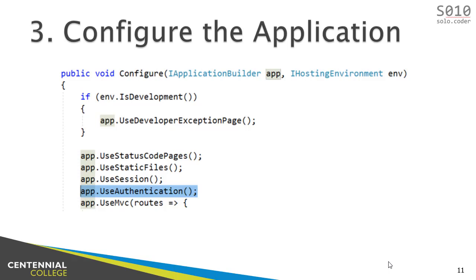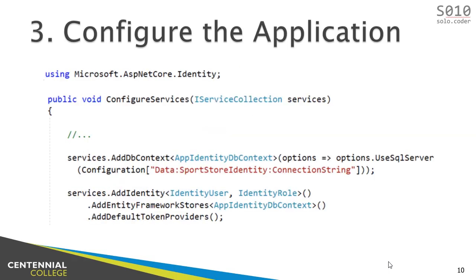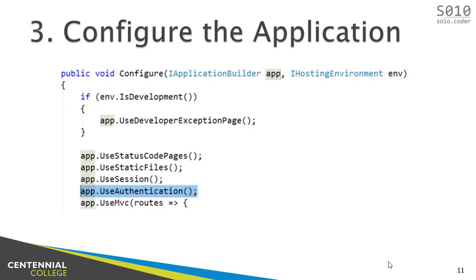So this is the plumbing. This is the plumbing part of applying user authentication to our application. That's it. This is the plumbing. Configure and configure services. These are the plumbing parts, the parts that we configure in the startup class. Okay.